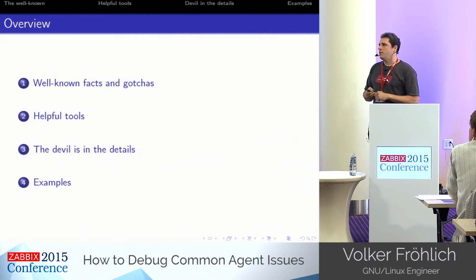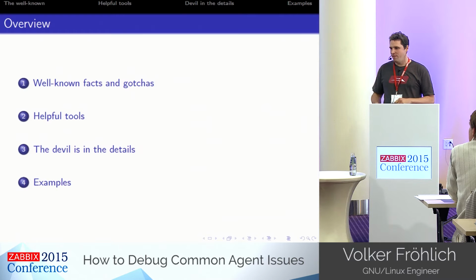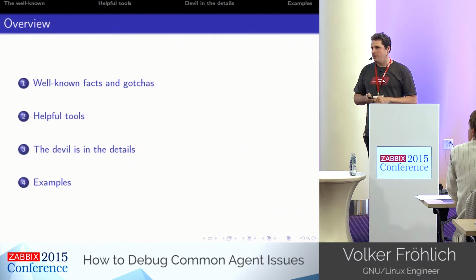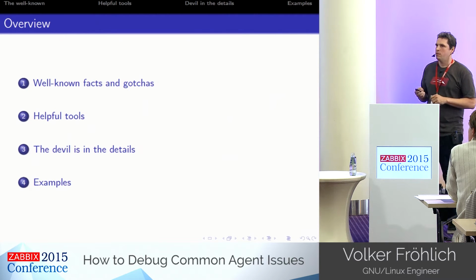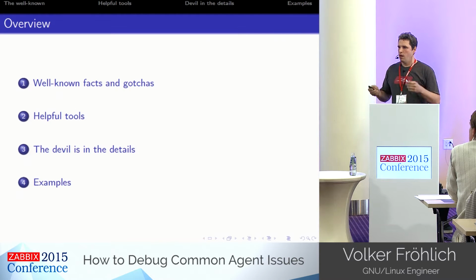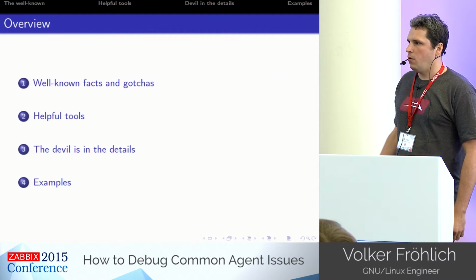And then I'll go into the nitty-gritty details, the dark corners, things that are hidden in the GNU libc that affect the agent operation, and I'll finally give some brief examples of a way to go at a problem.